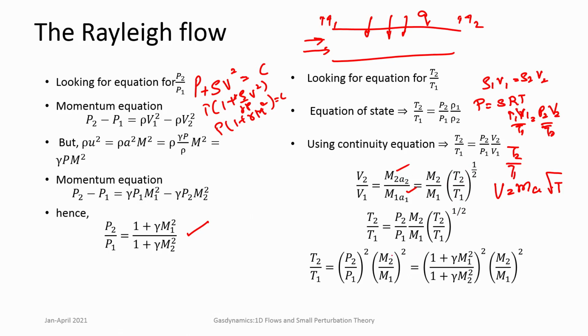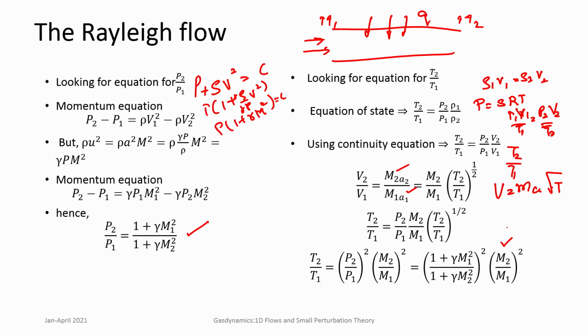Finally, T2 by T1 can be expressed because the square root will come over here. So, it is P2 by P1 whole square multiplied by M2 by M1 whole square, and for P2 by P1 we have an expression. So, we get the expression for T2 by T1.